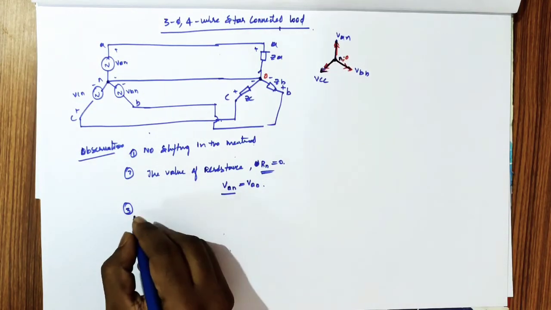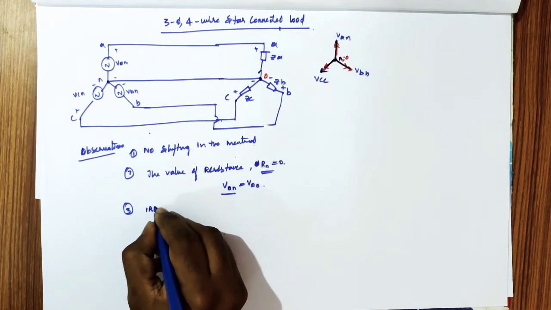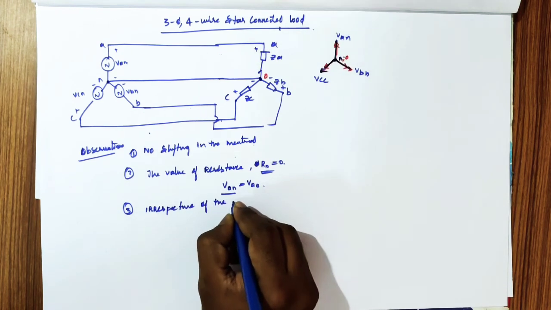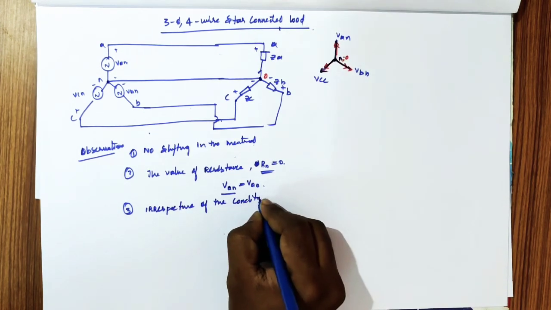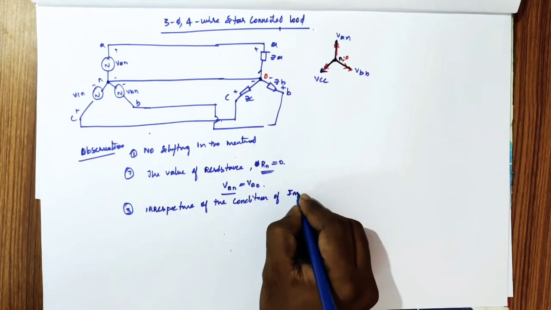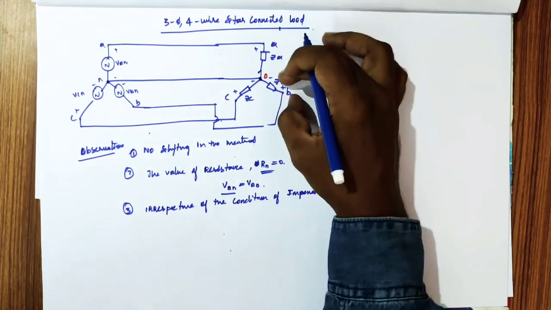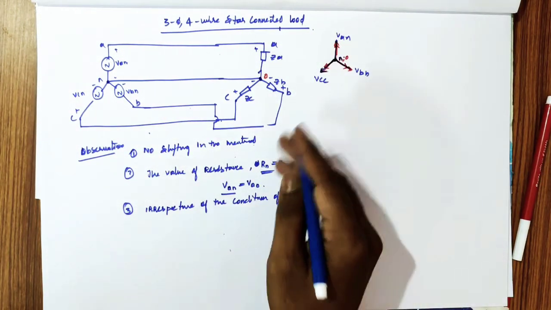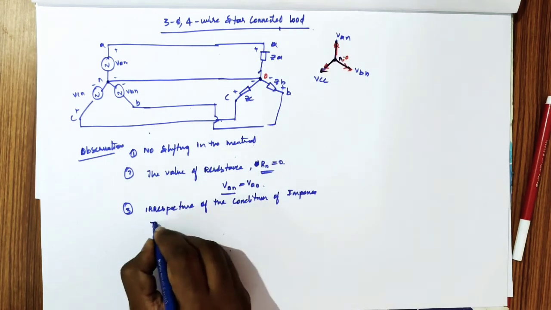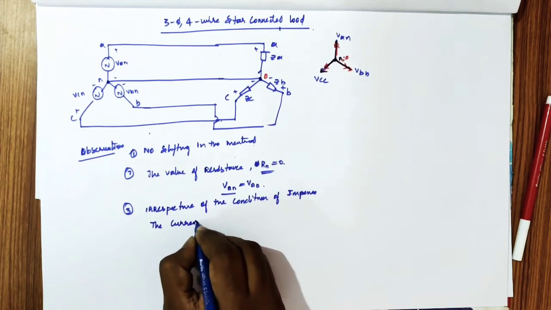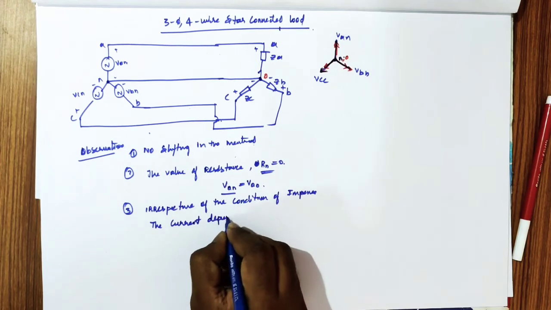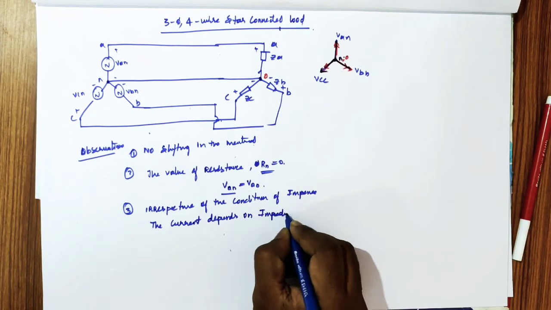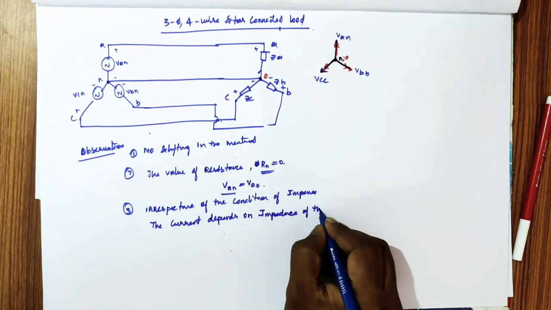The other observation is, irrespective of the conditions of impedance, that is, it may be RL, RC or RLC or whatever the impedances may be, the current depends on the impedance of that phase.